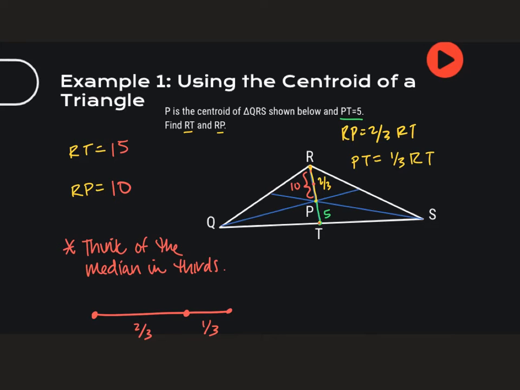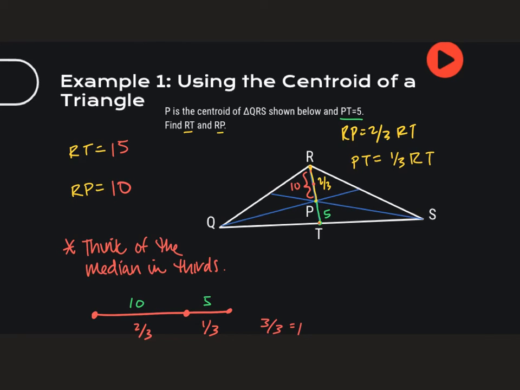If you think of this in thirds, well, the entire median would be 3/3 of its own self, right? 3/3 is 1, because the entire median is a whole median. Well, if the smaller section is 1/3 and it's given to us as 5, then the other part of the median would have to be 2 of those 1/3 sections, which would be 10.